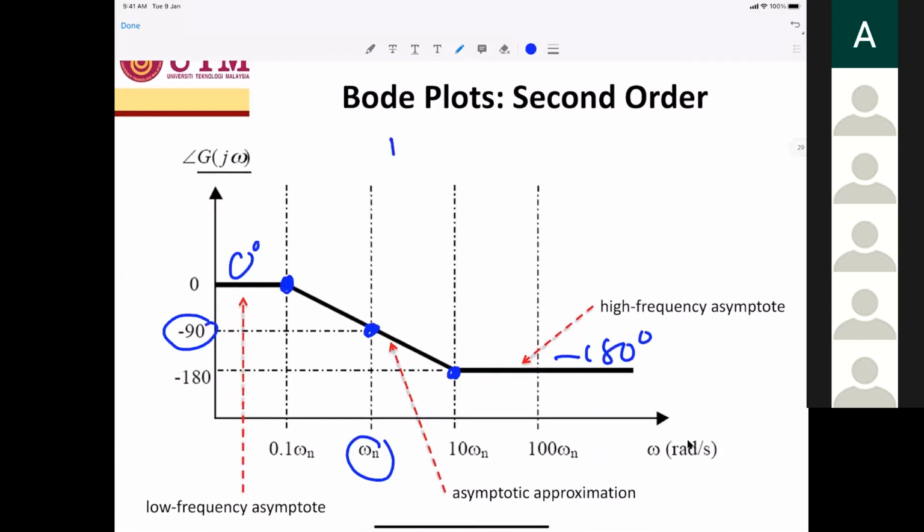What is omega n? Azira Ahmad, what is omega n? Frequency.